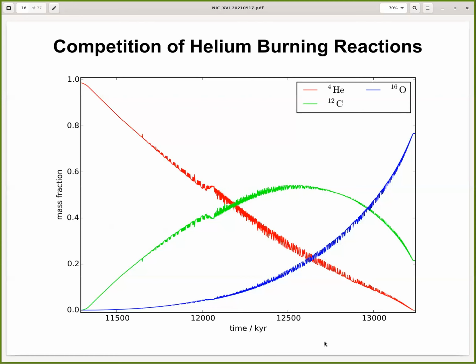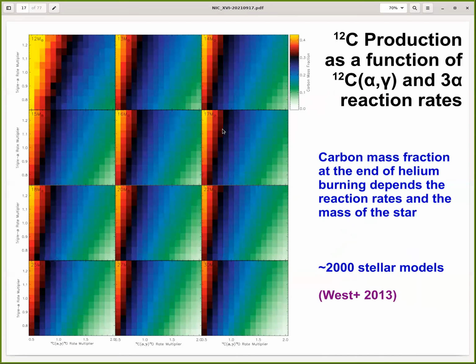So all of this, what you make here, will sensitively depend on the actual reaction rates. As I said, it's a competition between the triple alpha rate and the C12 alpha gamma rate. So here's a plot where we started to actually modify these, just because some of you might be interested in measuring these rates.